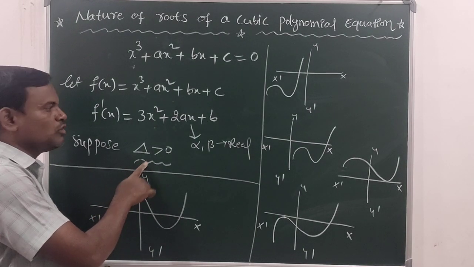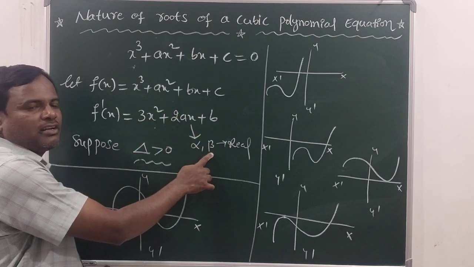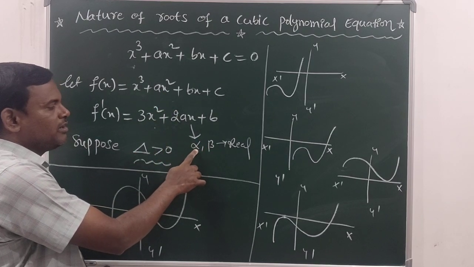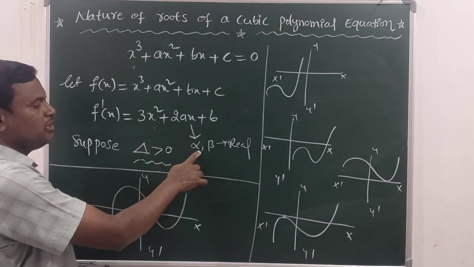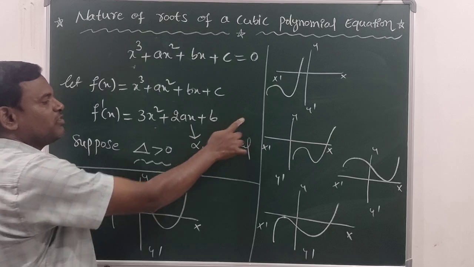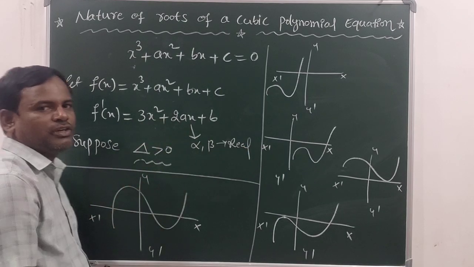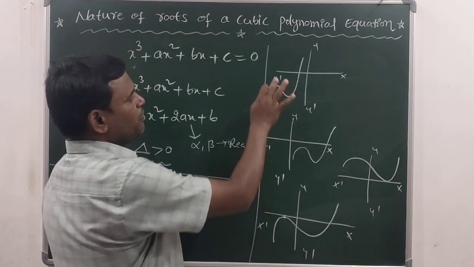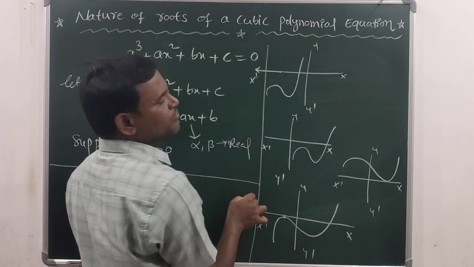Delta is greater than 0 means the roots of this first derivative of the cubic polynomial are real, alpha and beta. These two are obtained by equating this to 0, which means that at alpha and beta this first derivative equals 0. So if you see this diagram, this is the x-axis.